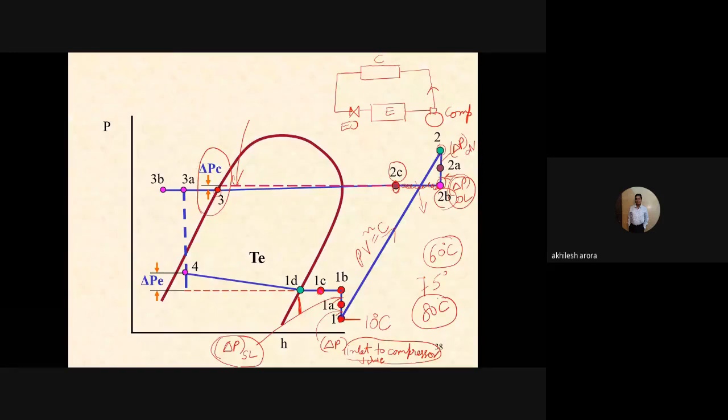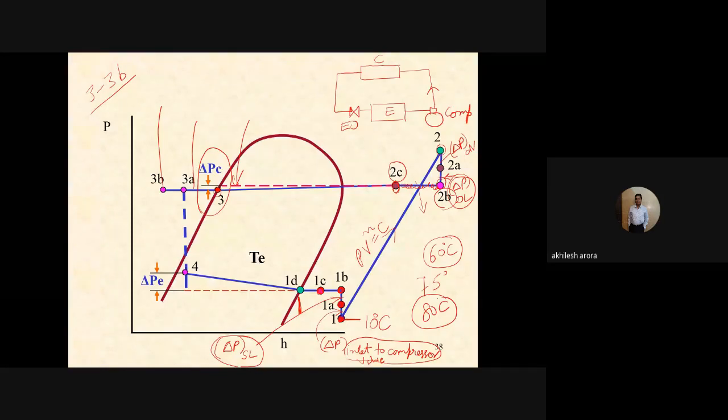Then from 3 to 3B, we are considering that subcooling is taking place in the condenser.